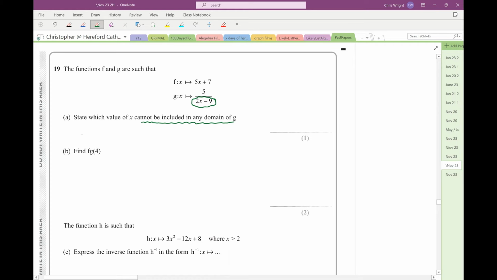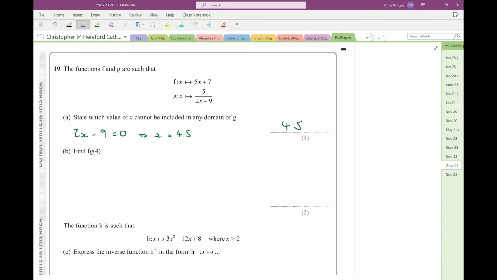So if 2x minus 9 equals 0, then you're not going to be able to calculate g of x. So what value of x would make 2x minus 9 equal 0? Answer, when x is 4.5. So if x is 4.5, you'll end up dividing by 0 there, and you won't be able to calculate an answer. So the value of x which must be excluded is x equals 4.5.